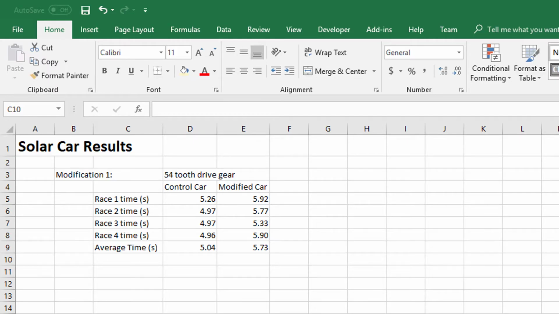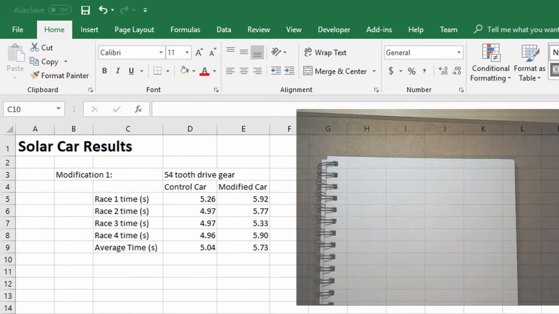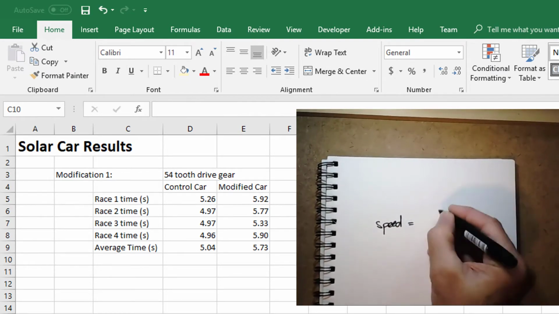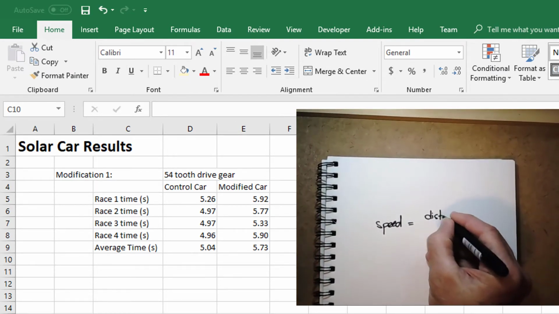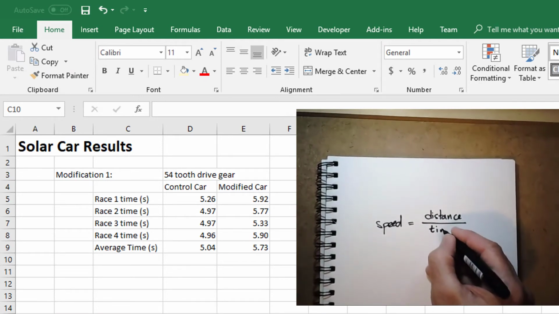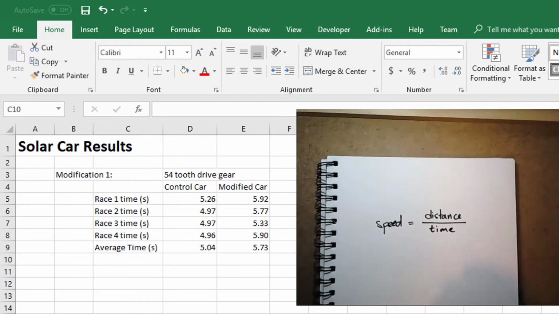Now, I'd like to work out my average speed, not just my average time. How fast was the car going? You may remember that speed equals distance divided by time. So I need to know my distance and my time.